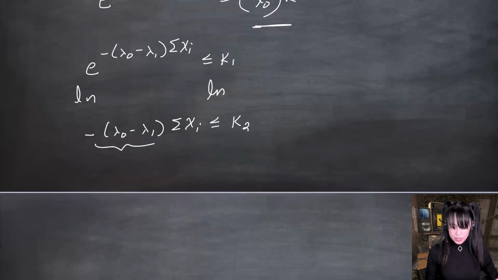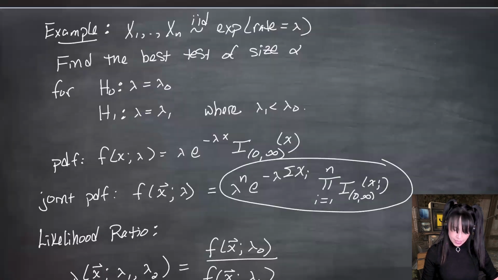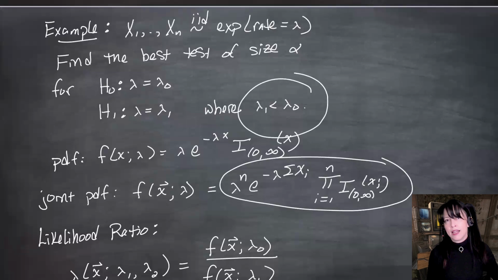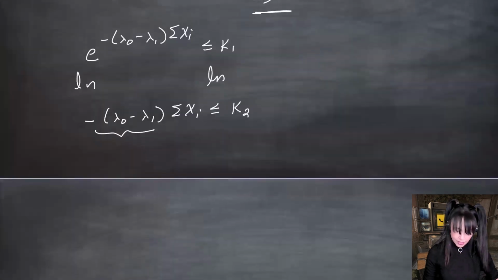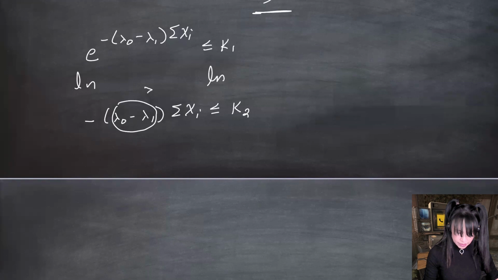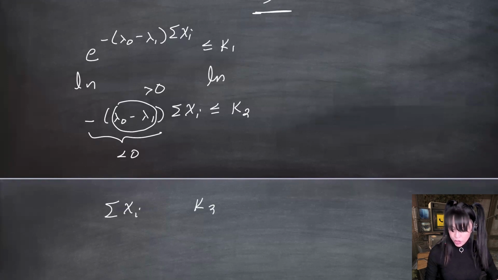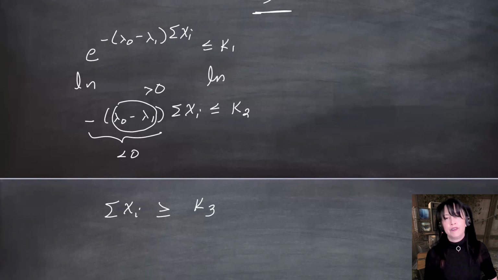So here's where it's important that, what did I say? I said that lambda 1 was less than lambda naught. That means that this thing inside the parentheses is positive, and so this entire coefficient is negative. So if I divide, I'll just get another constant, say k3 over here, but the inequality will have flipped.